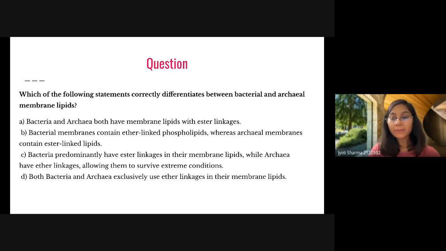C, bacteria predominantly have ester linkages in their membrane lipid, while archaea have ether linkages allowing them to survive extreme conditions. D, both bacteria and archaea exclusively use ether linkages in their membrane lipid. So you have to tell me how we will differentiate the cell wall of bacteria and archaea.